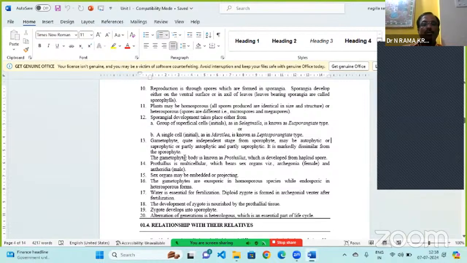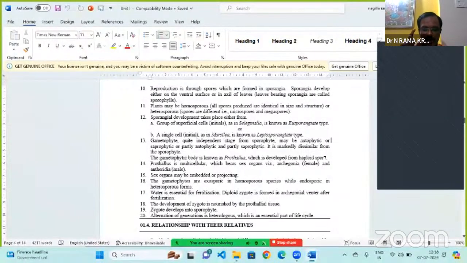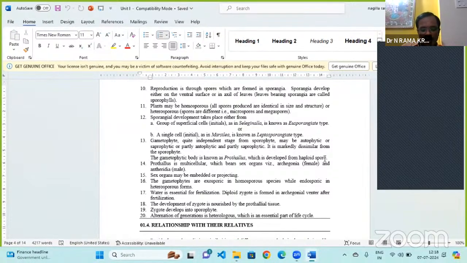The gametophytic body is known as the prothallus, which develops from the haploid spores. Now we give the detail about this. The gametophyte develops from the homospores, grows upon the soil surface, and forms an independent plant. Such a gametophyte is known as an exosporic gametophyte.